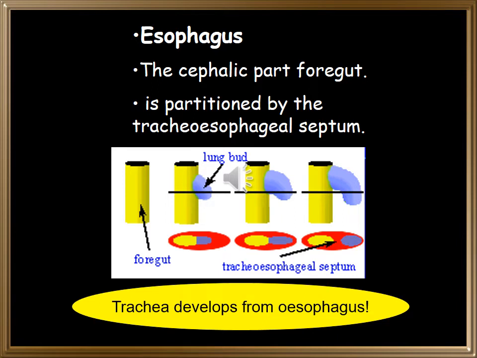So the esophagus, also pronounced esophagus by the Americans, is the cranial part of the foregut, and this esophagus, which belongs to the gut, that itself will give rise to the respiratory system.